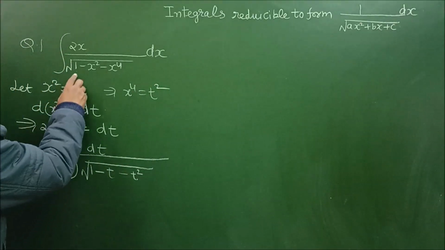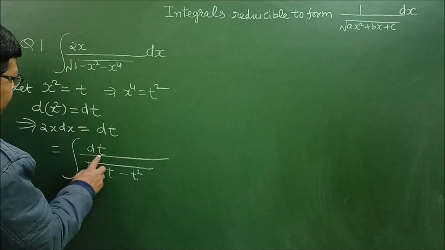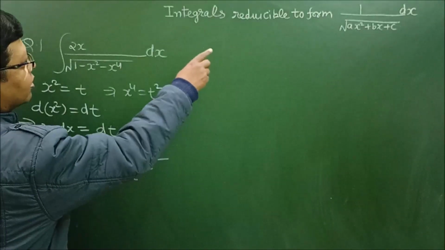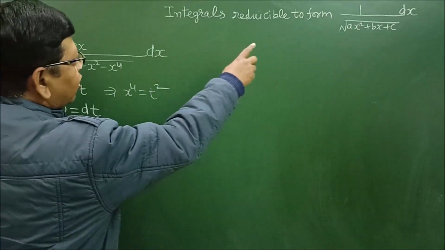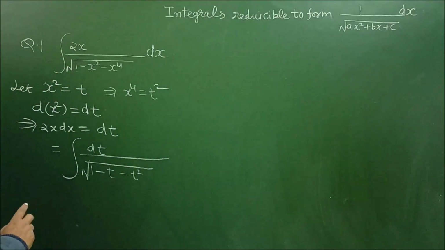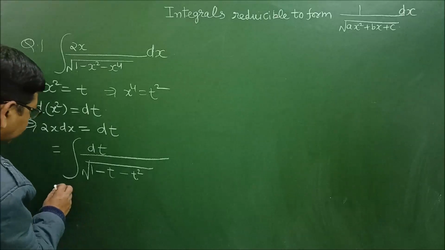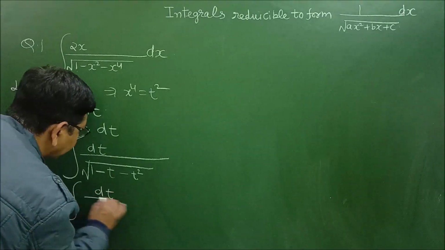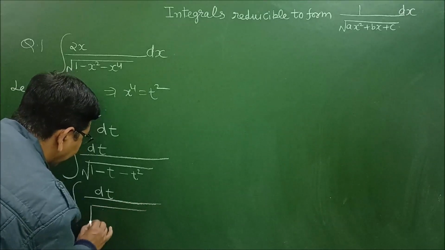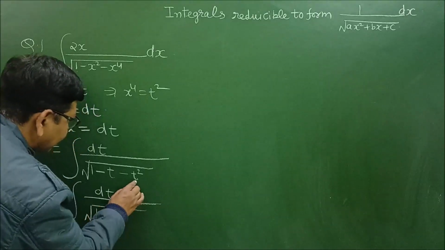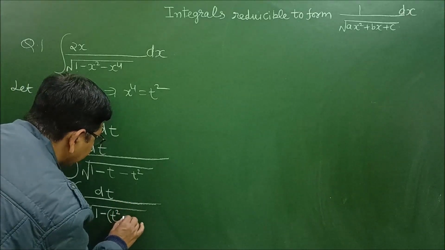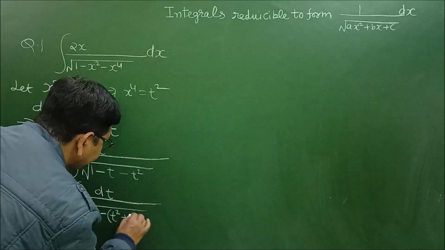So this integral reduces to the form dt upon under root of 1 minus t square, which is in the form 1 upon under root of ax square plus bx plus c. Now to solve it further, integral of dt upon under root of 1 minus t square, to make the t square positive, take the negative sign common, so it becomes 1 minus, in brackets, t square plus t.